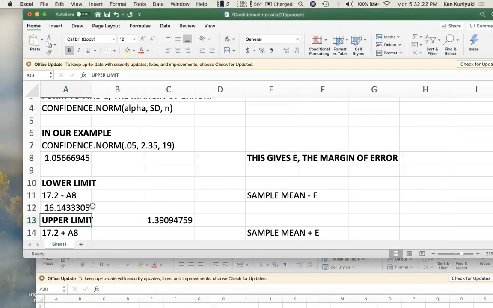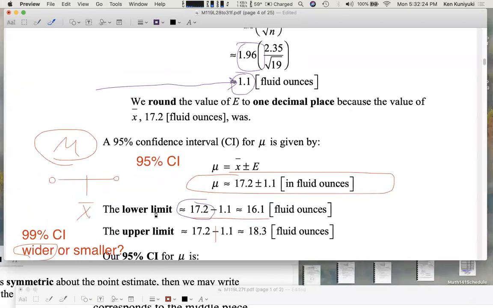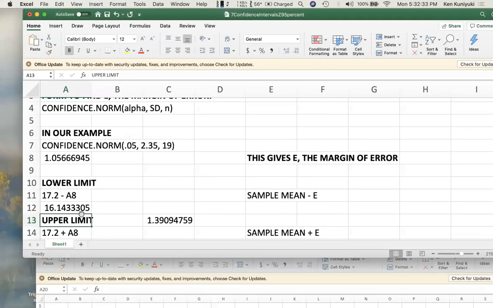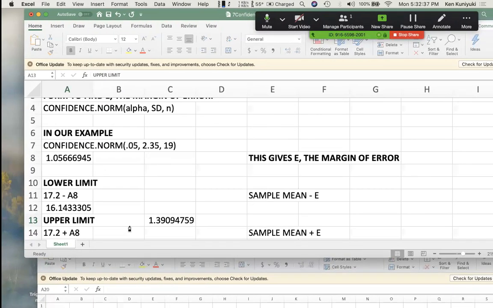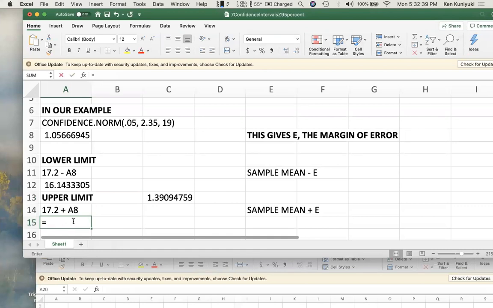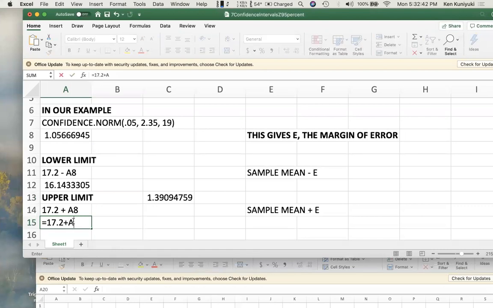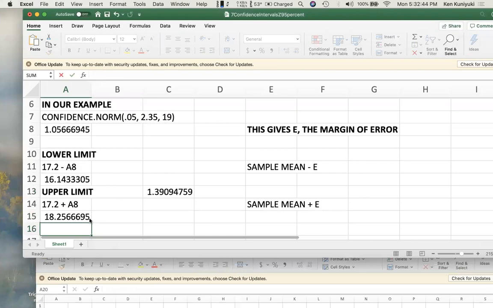For something like this, you could round out, meaning you round down the lower limit and round up the upper limit to be conservative. Don't freak out about that. All right, but yes, 17.2 minus 1.1 is 16.1. For the upper limit, that's going to be 17.2 plus A8, the margin of error.